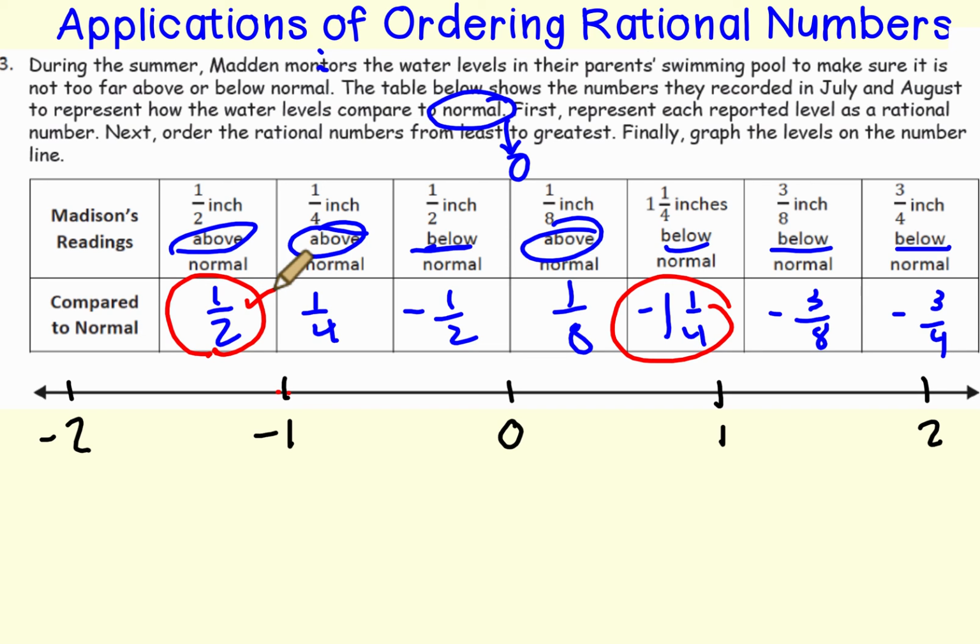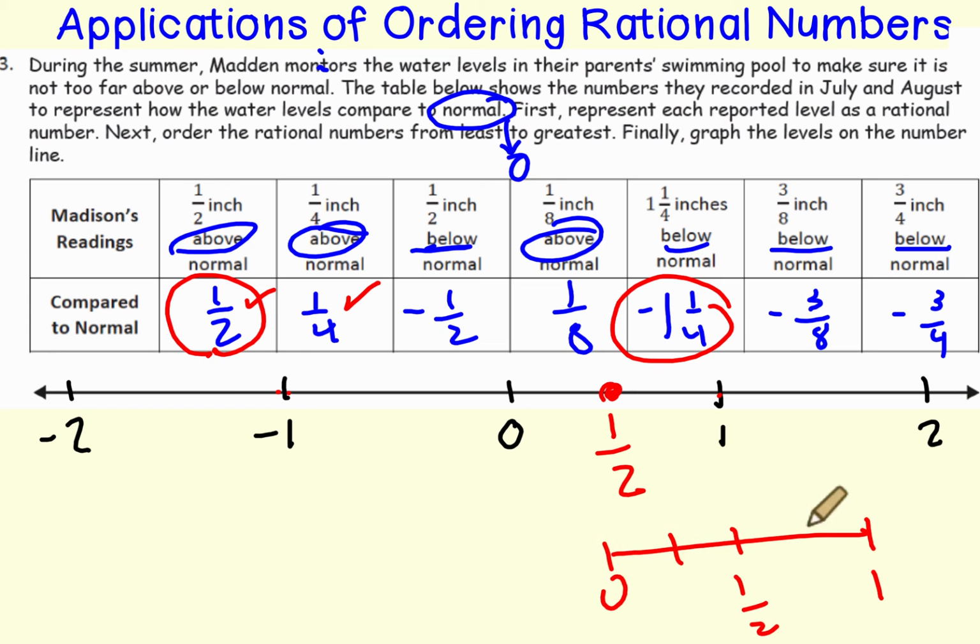Well, 1/2 is positive, so it's to the right of 0. It's halfway in between 0 and 1. Okay, 1/4 is positive, and if we were at 0, and here's 1, and this is a half, and if we divide it into equal parts, fourths, then this would be 1/4, so I know it's halfway in between 0 and a half.